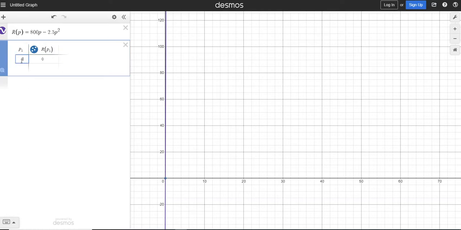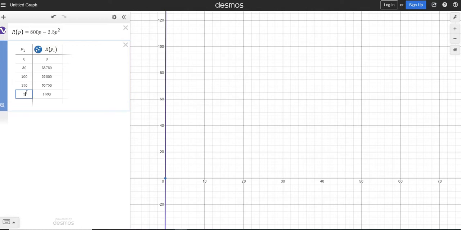And starting at a price of 0, it would make sense that my revenue would be 0, right? If I'm not charging anything, I'm not going to make any money. 50 was actually the first price listed in the table, I guess. So at $50, our revenue is going to be a little under $34,000. At $100, we're going to bring in $55,000.